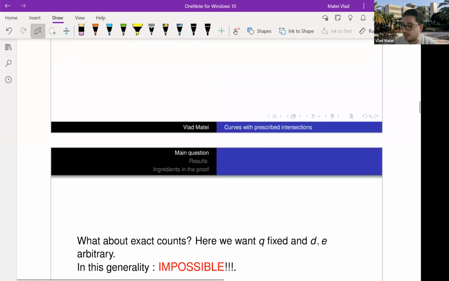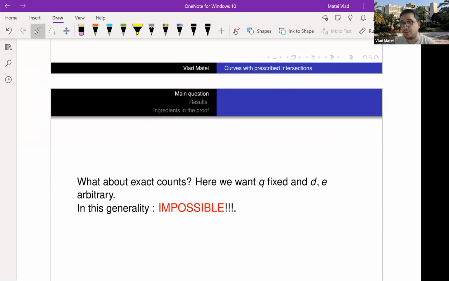And let me say that in general, if you ask this question, it's very unreasonable of me to ask this, because this is the same difficulty as asking you how many curves over FQ, let's say of degree D, sorry, over the projective space, have Q plus 1 points. We don't know a good answer to this unless you make Q large or make the degree very large. So asking this formula in general, it's very unreasonable to expect a good answer to it.